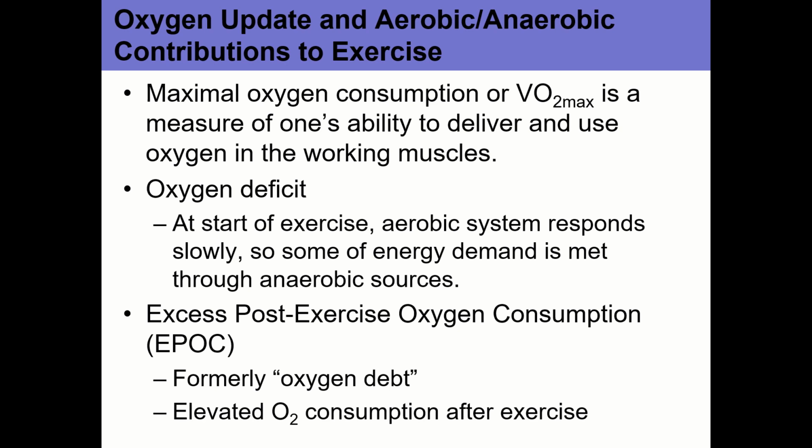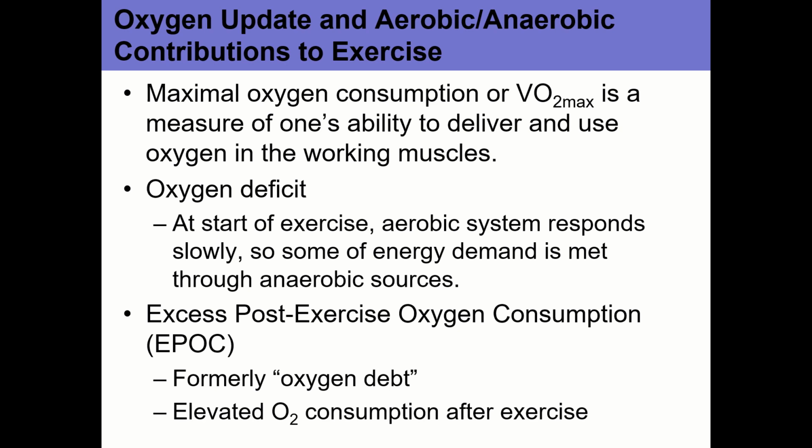And you have a slightly higher blood volume, and as part of that blood volume, a slightly higher number of red blood cells. So between those things, you can deliver more oxygen more quickly to the working muscles. The working muscles, for their part, have to be able to use that oxygen, so they have to have those adaptations I talked about earlier: more capillaries, more mitochondria, more myoglobin, more citric acid cycle enzymes, all those things.